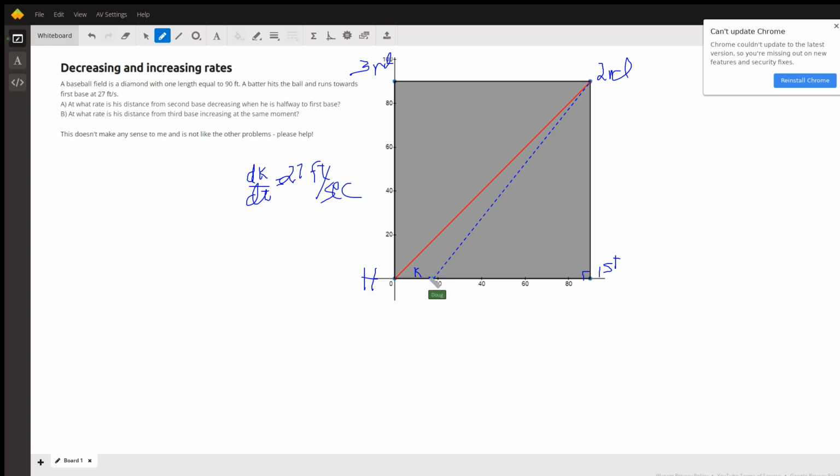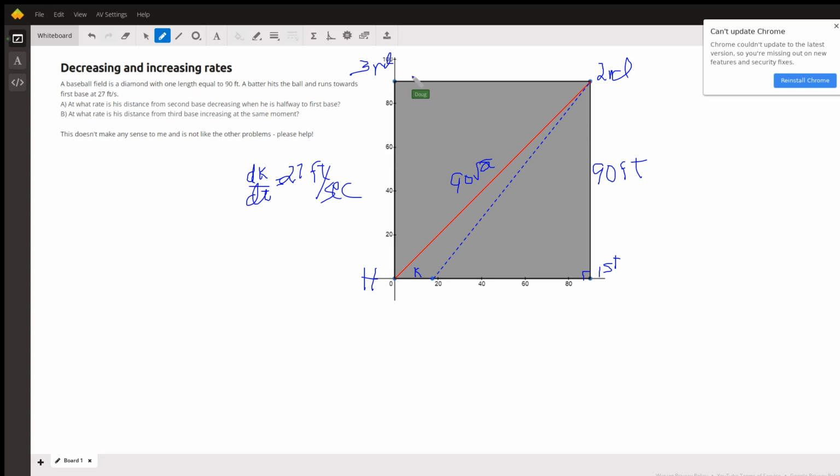And the distance, oh, by the way, if this is 90 feet, and this is 90 feet, this is 90 radical 2. That's the distance from home plate to second base. But as this runner is moving this way, the distance from the runner to second base is decreasing.